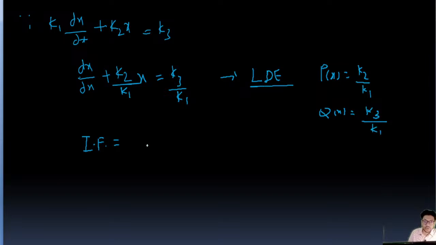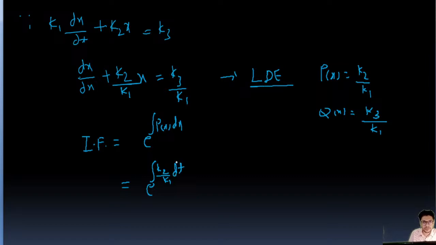So the integrating factor is e to the power integration P dt. It is e to the power integration k2 upon k1 dt.